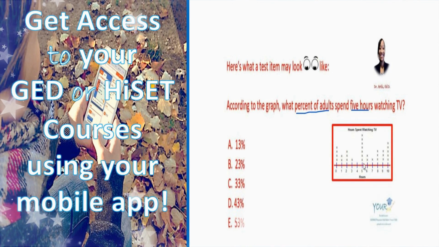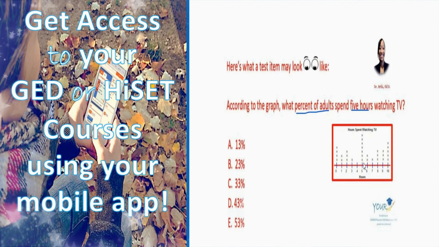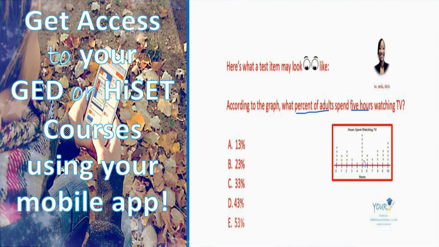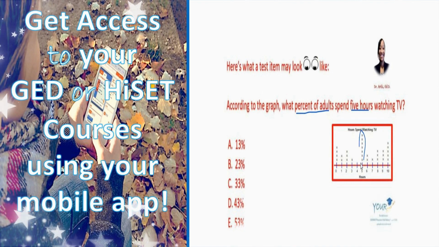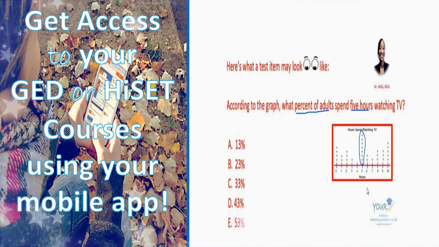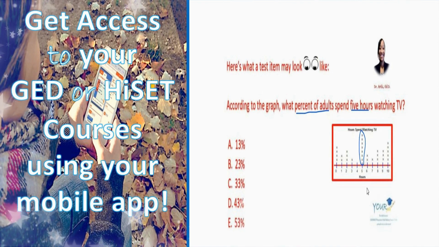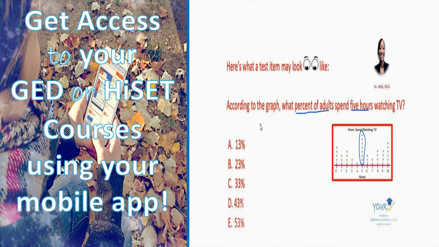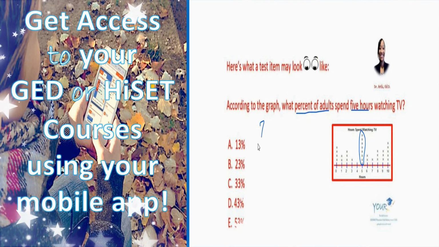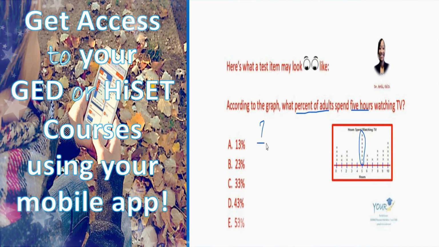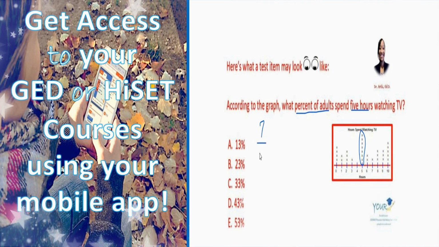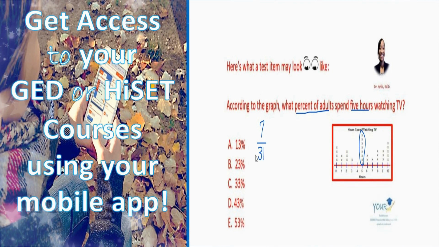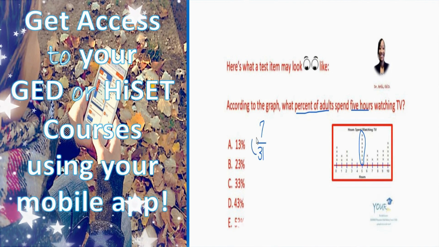So when we count how many X's we have on the line at 5 hours, we have a total of 7 X's here. So out of our total population, which is 31, we have 7 of those adults that spend 5 hours watching TV. So we're going to take that 7 and we're going to divide 31, which is our total population, into 7.